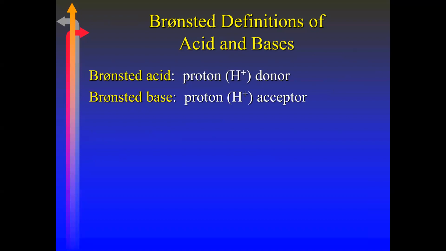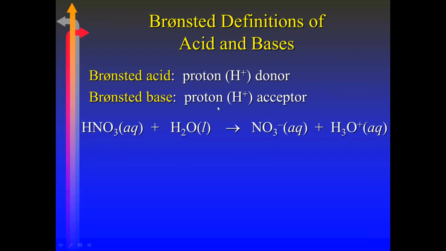And the Brønsted base is a proton acceptor. That means a substance that accepts a proton will be called a Brønsted base. That is a broader definition than Arrhenius. For example, there's no conflict here.